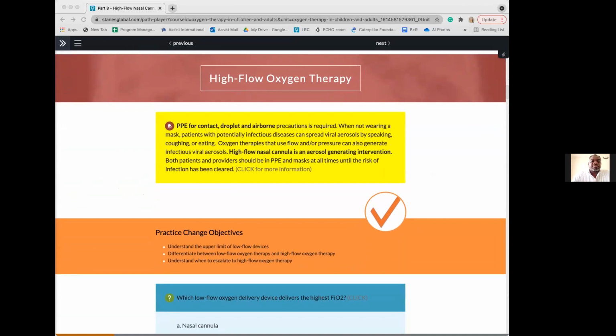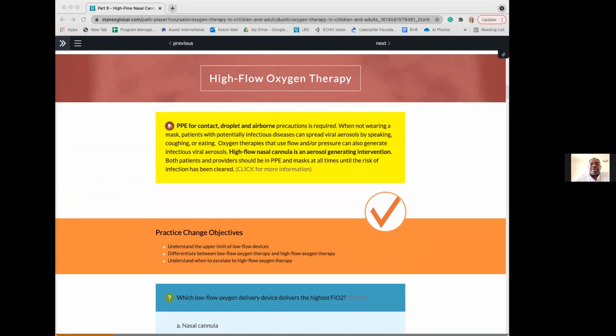In today's discussion, as was said, there will be high flow oxygen therapy. But before we go further, let us remind ourselves about personal protective equipment. It's very important to wear PPE every time we come in contact with a patient who is a suspected or confirmed case of COVID.